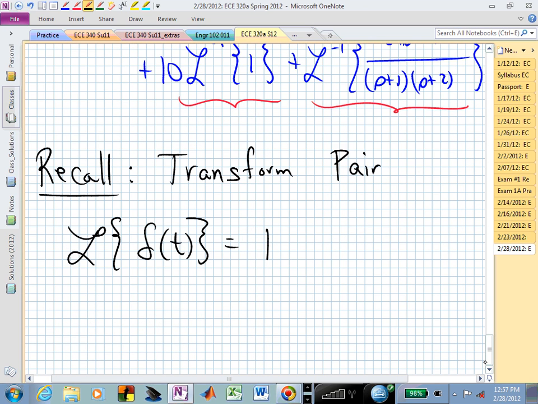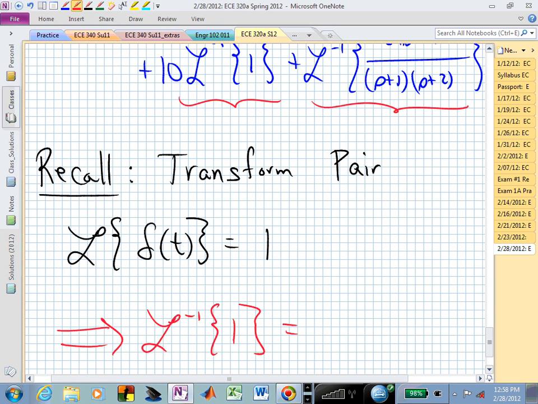That's a transform pair. Well, if that's a transform pair, then we know how to invert that pair. Meaning, if I now invert both sides, I can now say the inverse Laplace transform of 1. So if I ended up with 1 in the frequency domain, that in the time domain is an impulse.